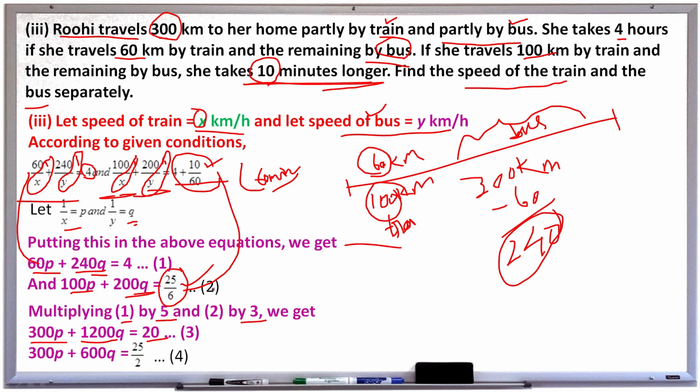Similarly, multiplying the second equation by 3: 3 into 100 is 300p, 3 into 200 is 600q, and 25 by 6 into 3, the 3 cancels, so we get 25 by 2 on the right hand side.